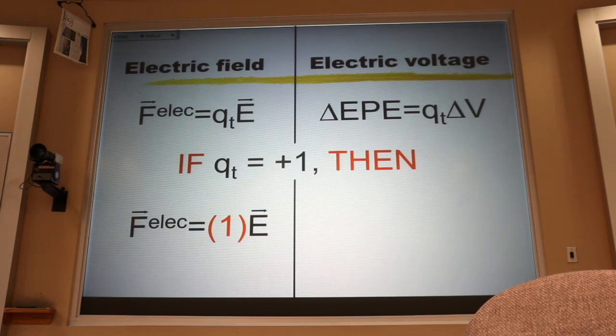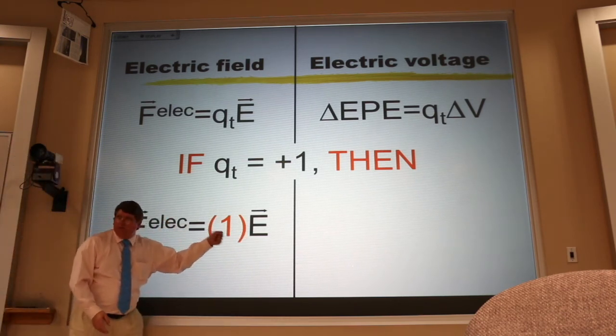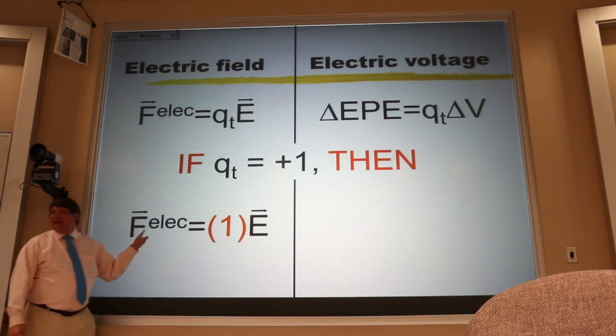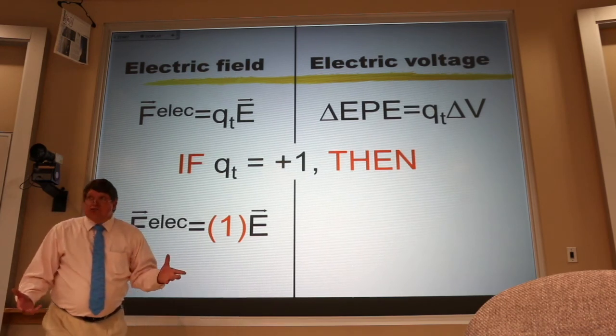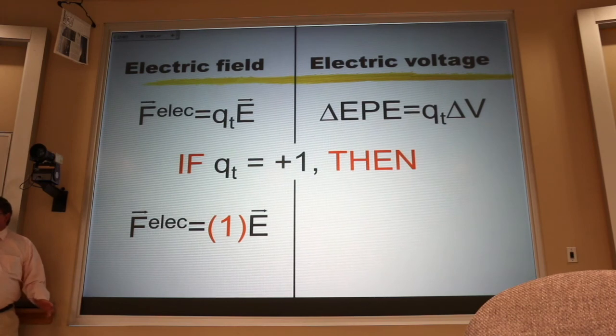Yes, there's a sign. $2 per gallon. And that's what this is saying, is when you're getting 1 unit of charge moved, the electric field is the electric force. That's how I understand what the electric field is. Okay? If you want 2 gallons, it's $4. 3 gallons, it's $6. Do you see a pattern?